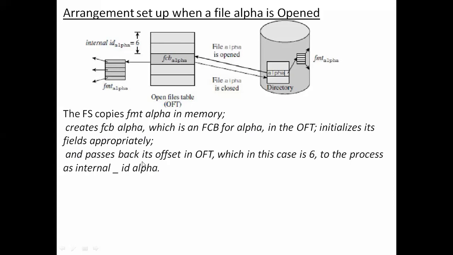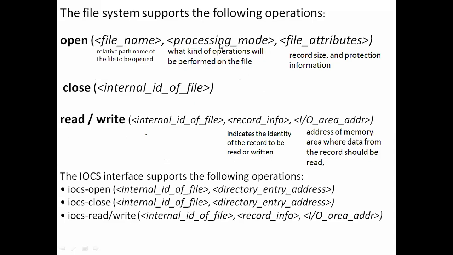Again it passes back its offset, the internal ID of alpha, which is 6, to the process as internal_ID_alpha. So you can explain this figure along with these three steps upon opening the file alpha.